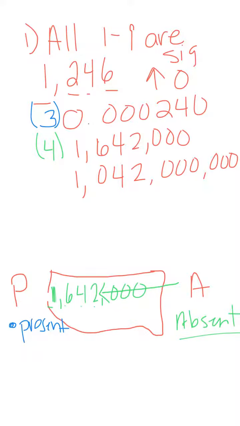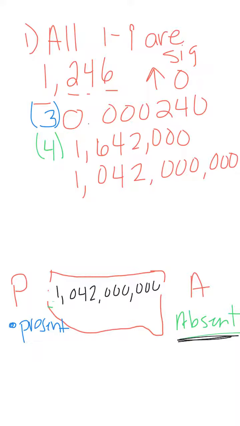All right, one more. Our last number here, 1, 0, 4, 2, 0, 0, 0, 0. Okay, our last number, the decimal point is absent. So being that it's absent, we're going to start on the Atlantic side and move this way until we hit a number. Now, this has 1, 2, 3, 4 digits that are beyond the Atlantic side.